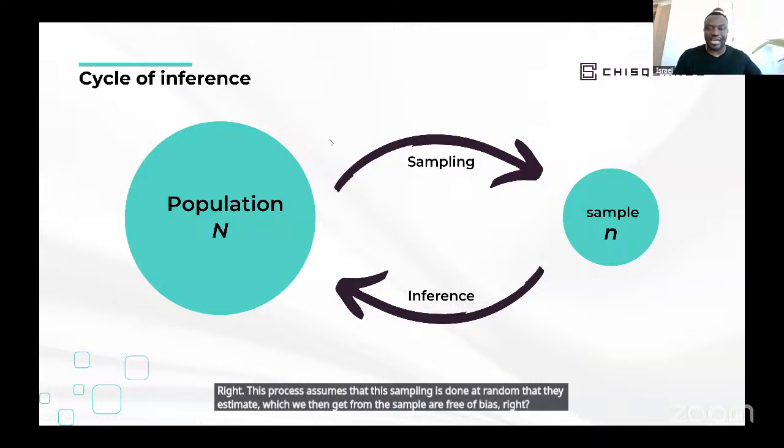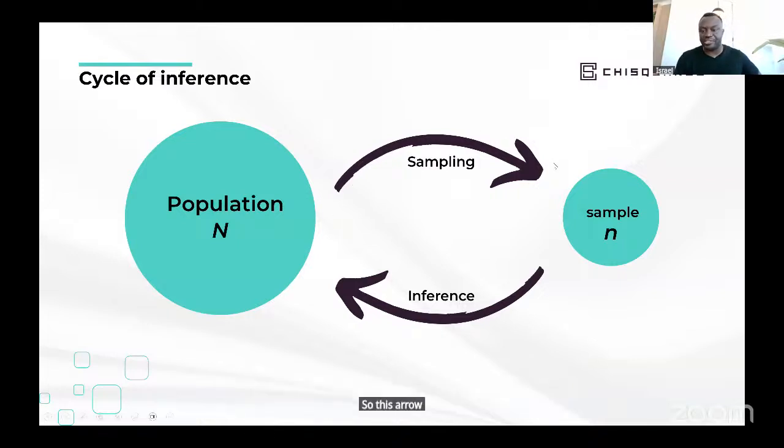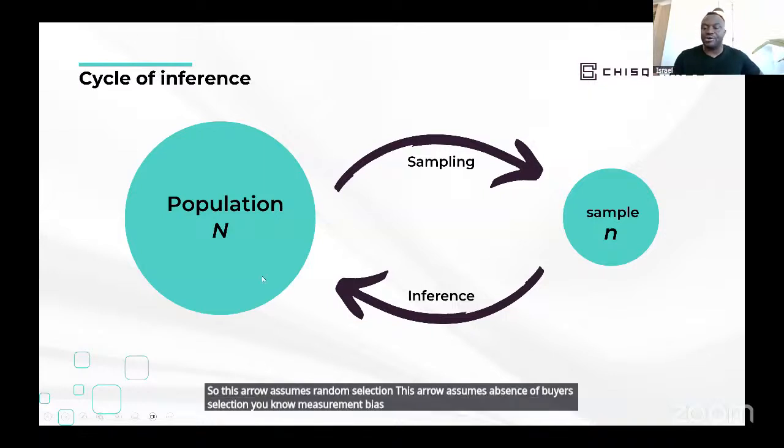So this arrow assumes random selection. This arrow assumes absence of selection bias, measurement bias and confounding bias. Assuming that all of those things are met, then this cycle is maintained.